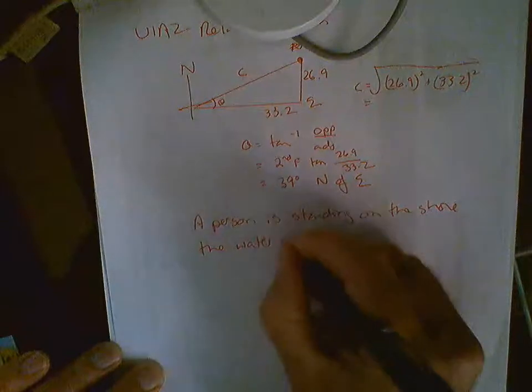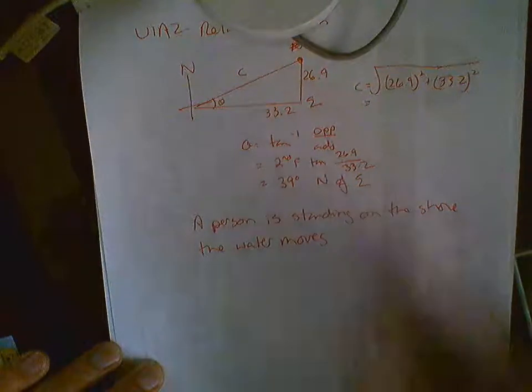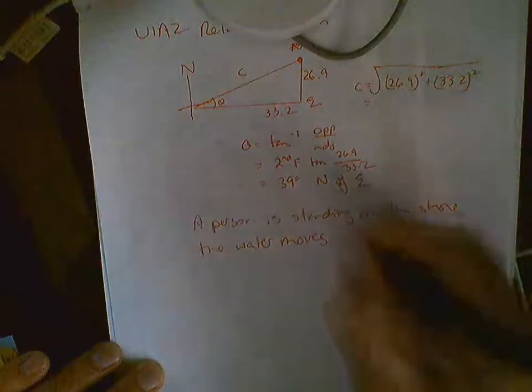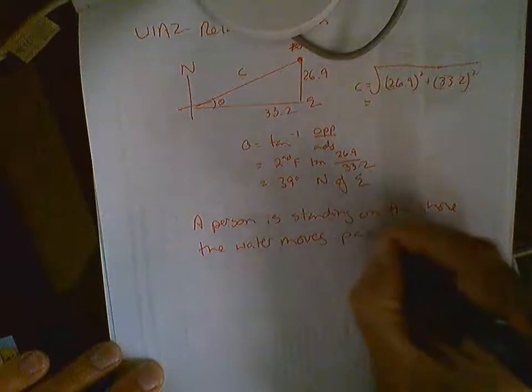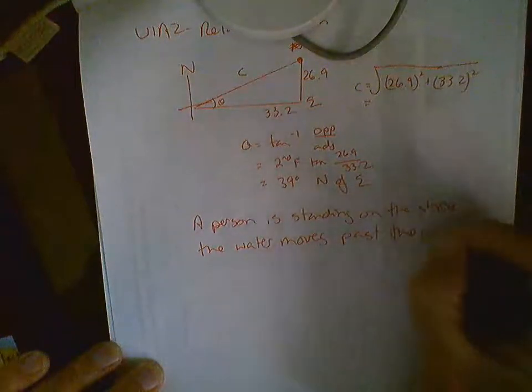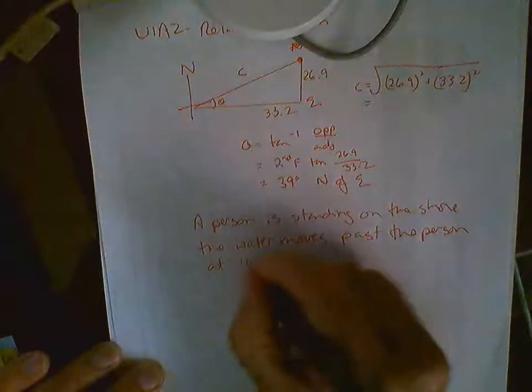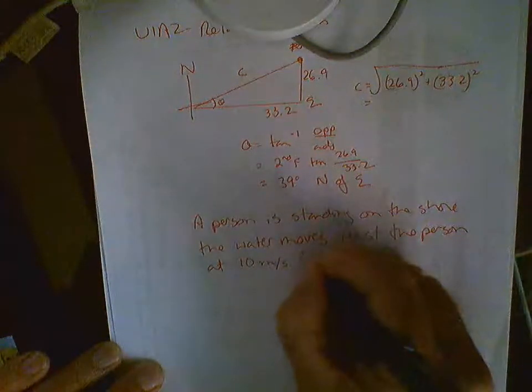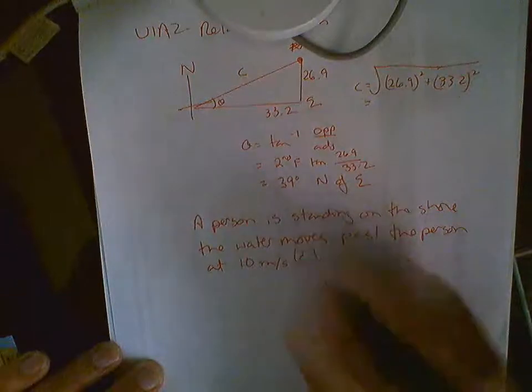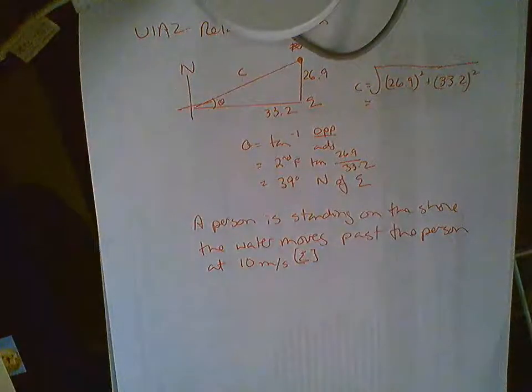The water moves, so the water could be a river. The water moves past the person at 10 meters a second east. This is a good example of where direction is important.